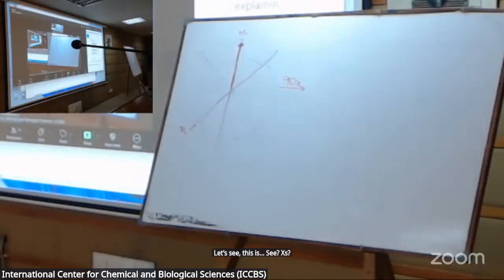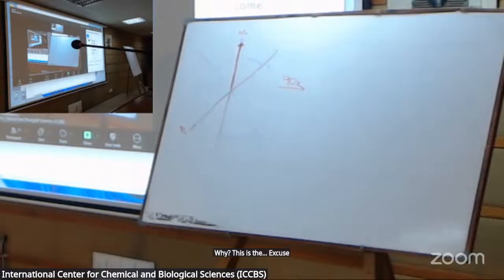Where is the X axis? This is the positive Y, this is negative Y. This is the positive X.